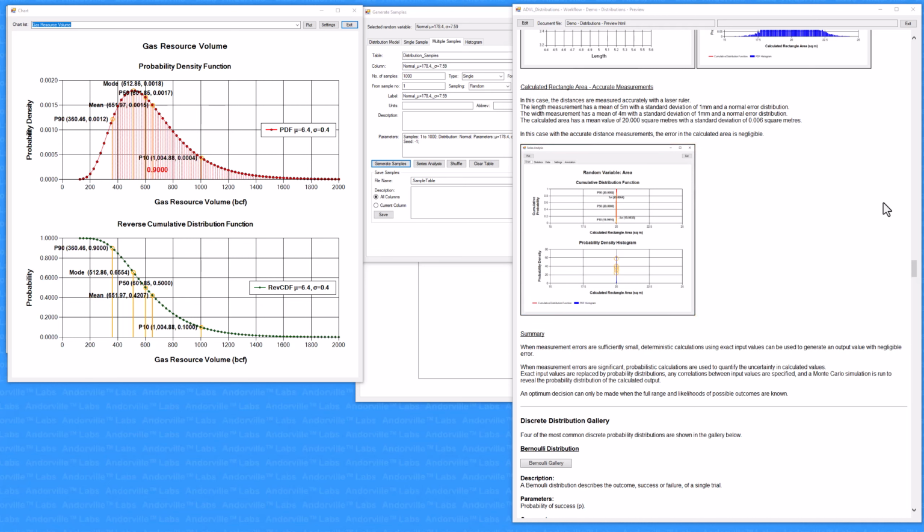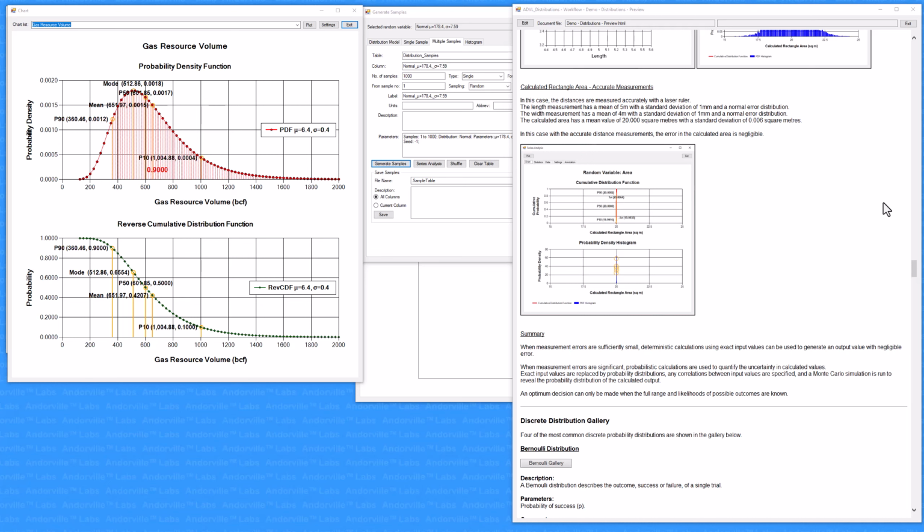So to summarise, when measurement errors are sufficiently small, deterministic calculations using exact input values can be used to generate an output value with negligible error. When measurement errors are significant, probabilistic calculations are used to quantify the uncertainty in calculated values.